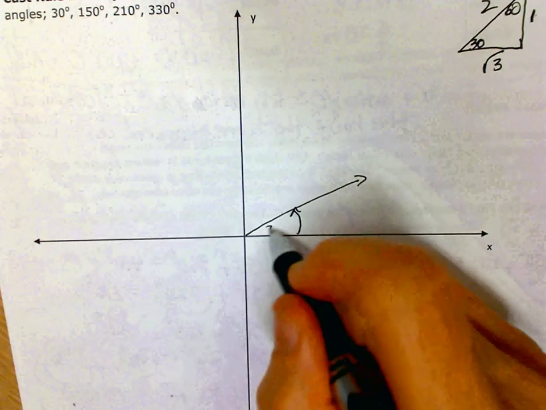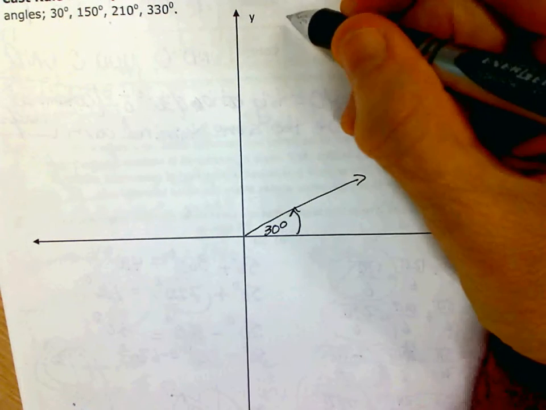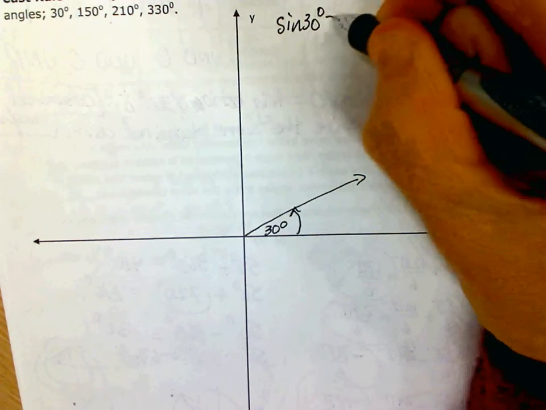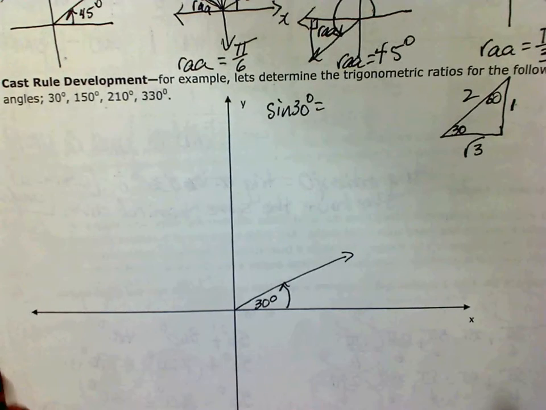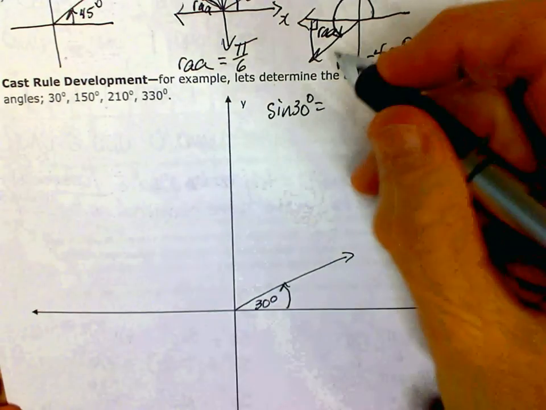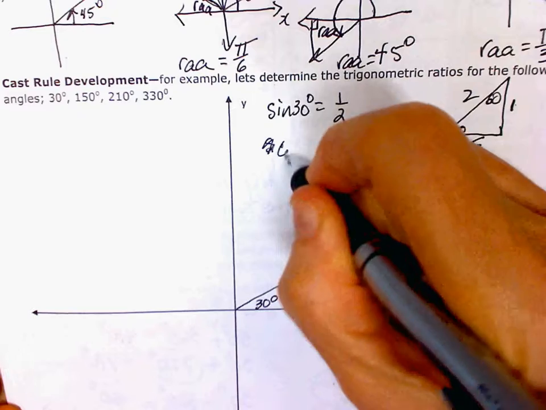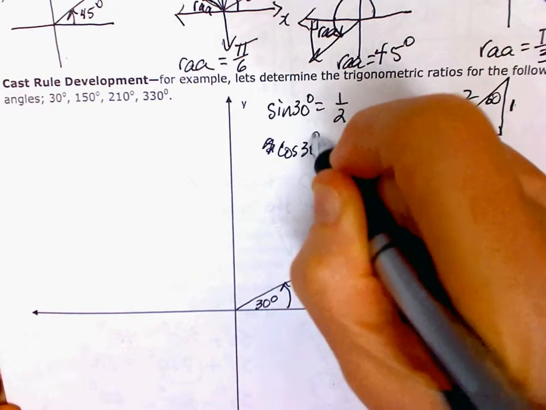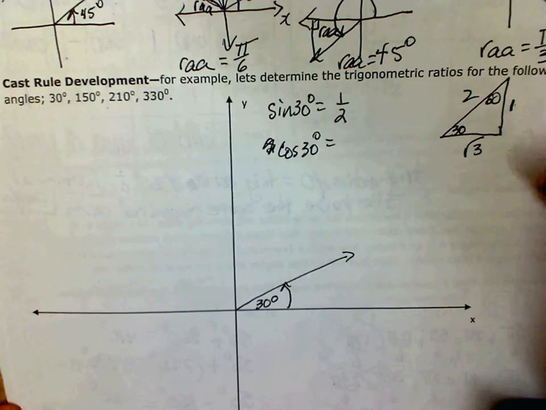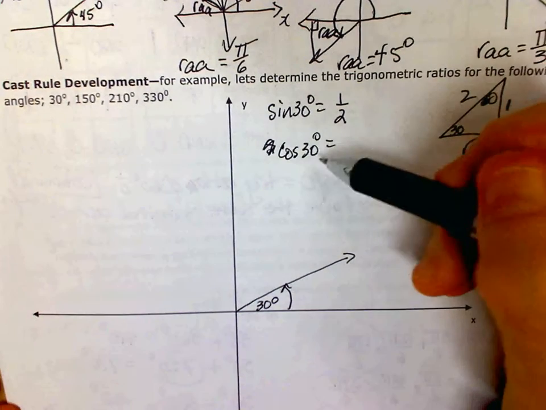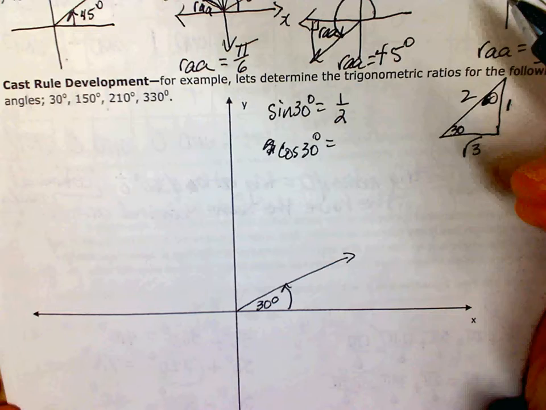This is 30 degrees. Can anyone tell me what is the sine of 30 degrees? What's the cos of 30 degrees?